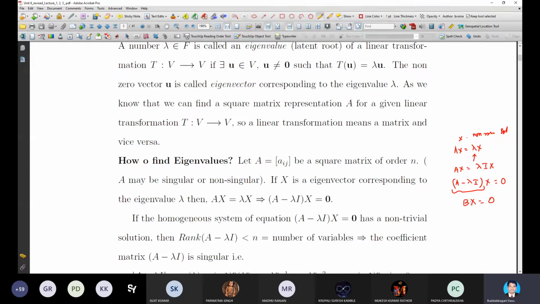So when can we obtain the non-trivial solution for this homogeneous system Bx is equal to 0? Remember the nature of the homogeneous system, please.